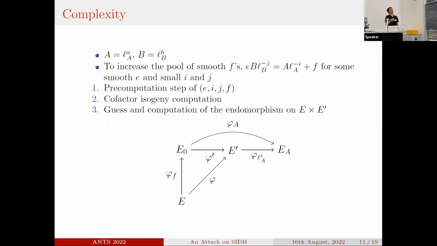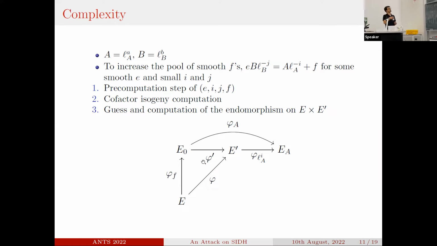Rather than just giving a little bit of freedom on E, we multiply B by LB to the power of minus J, and we do the same for A. And then we look for some small I and J. What we do implicitly is try to guess the last I steps of the secret phi A isogeny, and then we apply the theorem to the remaining parts.